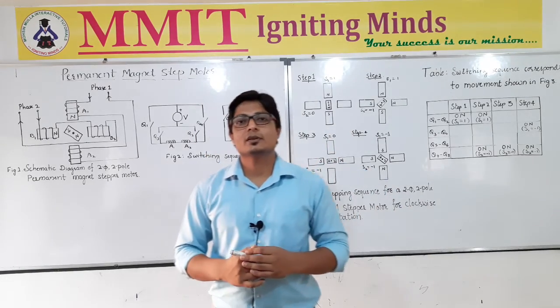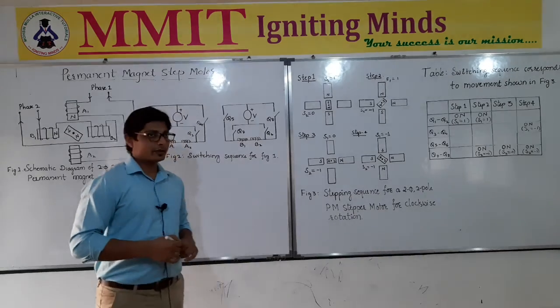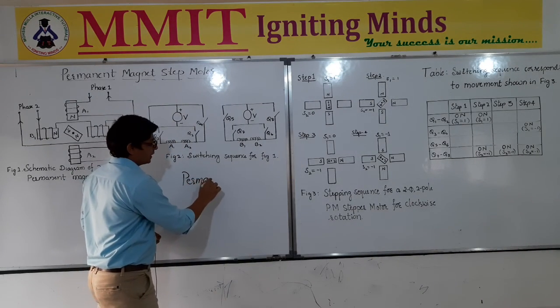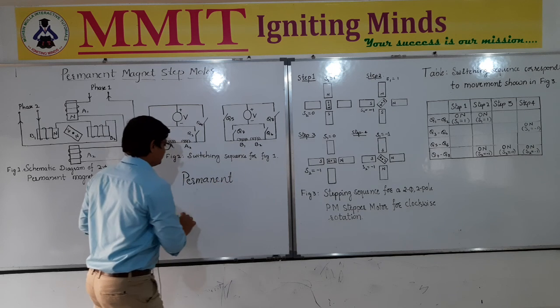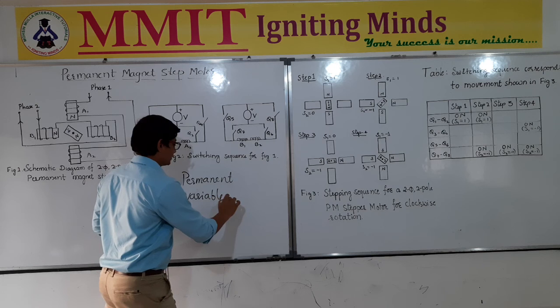Now stepper motor basically is of two types. One is the permanent magnet stepper motor, and the other one is the variable reluctance type of stepper motor.